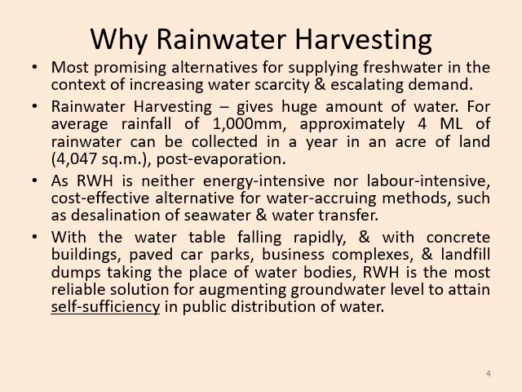With the water table falling rapidly, as we know that water resources and the water table under the ground are hugely decreasing, and with concrete buildings, paved car parks, business complexes, malls and landfill dumps for solid waste taking the places of water bodies, rainwater harvesting is the most reliable solution for augmenting groundwater, for increasing the groundwater level to attain self-sufficiency in public distribution of water.